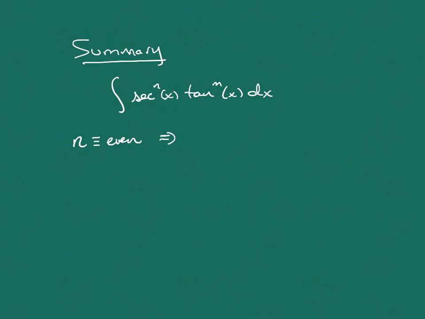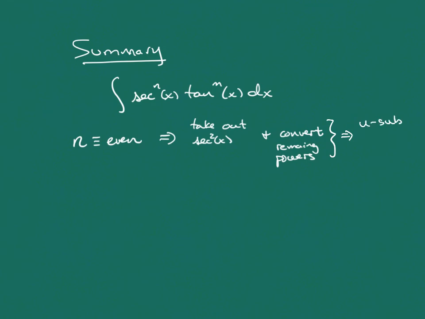Then what do we do with that one? We take out a secant squared and convert the remaining powers to do a u substitution with u equal to tangent.